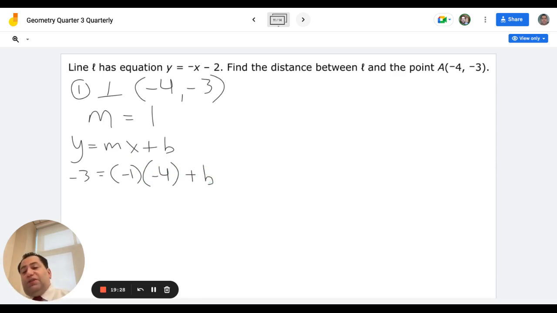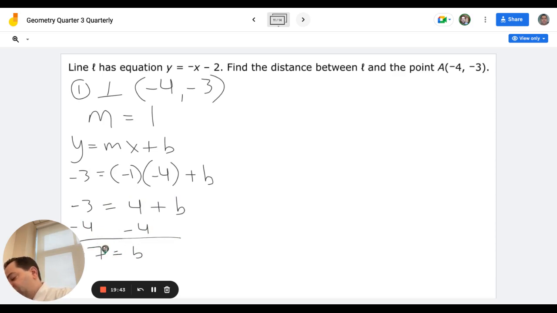So negative 4 times 1 is negative 4. So negative 3 equals negative 4 plus b. We're going to add 4 to both sides. And I get b equal to 1. Which makes my equation y equals x plus 1. All right, so it's a little hidden here. So what I'll do is I'll rewrite this up here. So we have one equation.